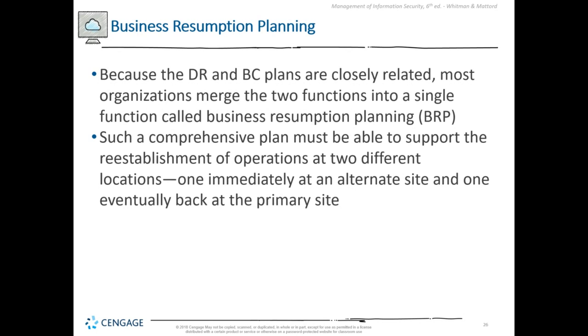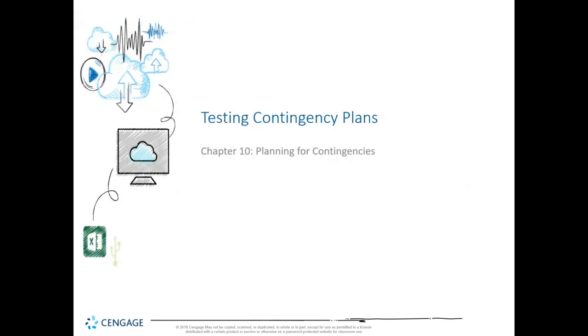In this case, the plan must be able to support the reestablishment of operations at two different locations: one at an alternate site that you can open up immediately, and then one back at the primary site when everything is cleared up with the disaster.